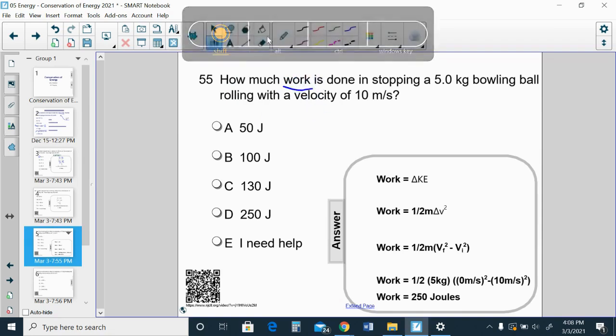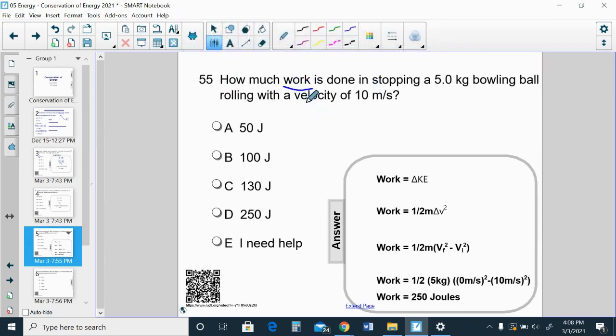Now, work is the change in the energy. Since we have a bowling ball that has a velocity, and we're going to change the velocity, we're going to be talking about kinetic energy. So work in this case is going to be equal to the change in that kinetic energy.